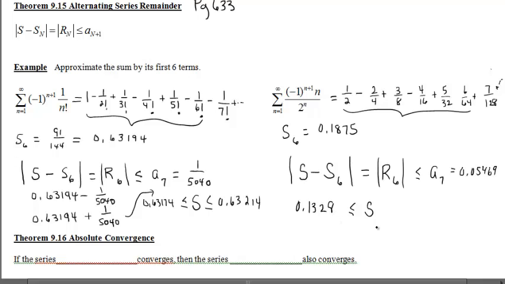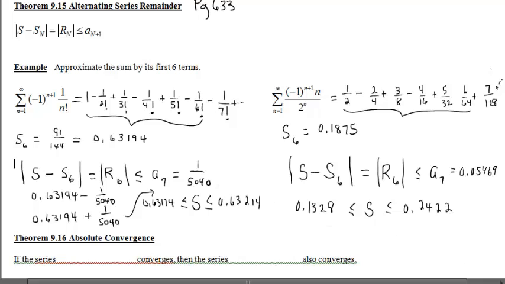But for what we're doing right now, I'm just going to report this. If we wanted a more accurate interval for our sum, we would just have to find more than the 6th partial sum. But for right now, that's good. We're within hundredths, or I guess tenths. So that's pretty good for the sum of the series.